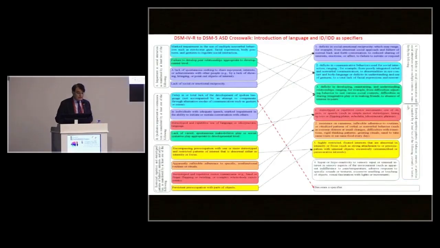This is a crosswalk to show you that there are three domains on the left-hand side, which were the DSM-4R, and many of these items were then transferred to the right-hand column, the DSM-5, under two domains, the top three and the bottom four.